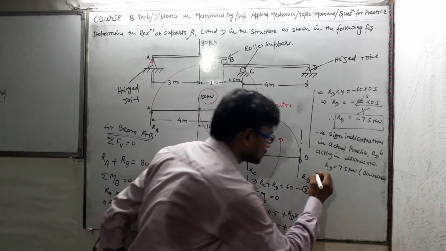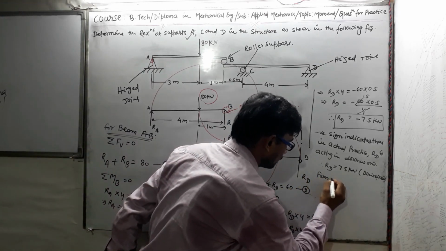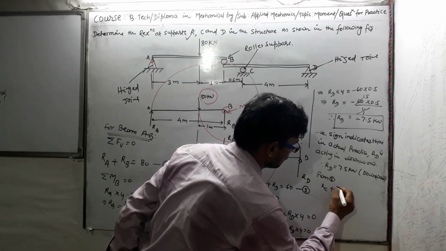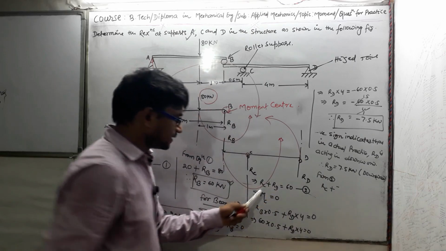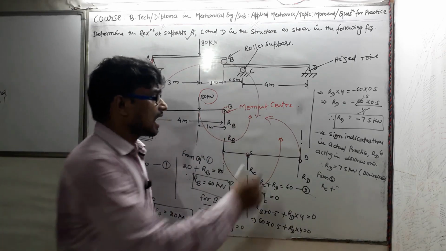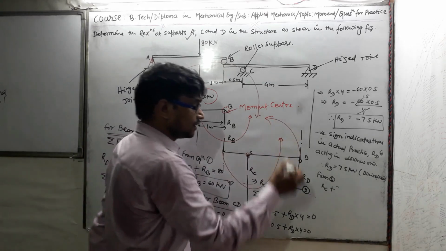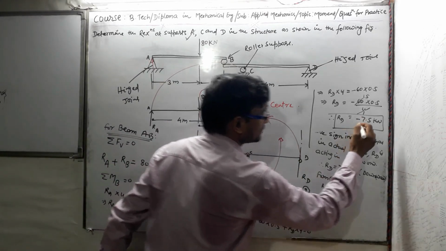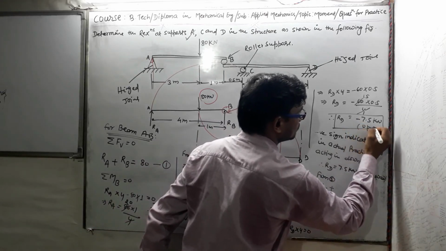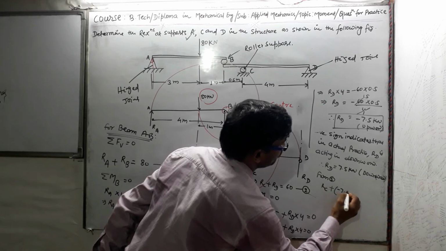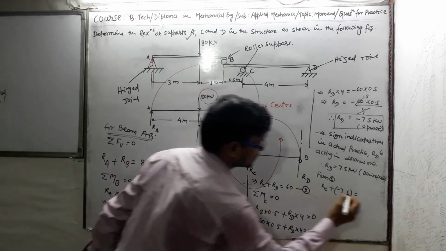From equation 2, RC plus RD equals 60. This relation is obtained by assuming RD is in the upward direction, so RD is minus 7.5. So RC plus minus 7.5 gives 60.